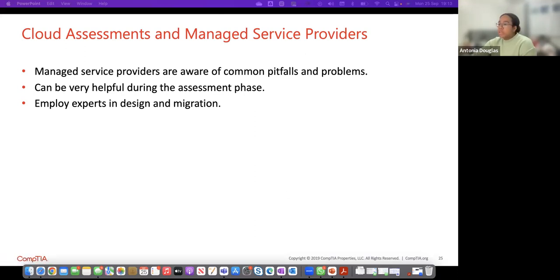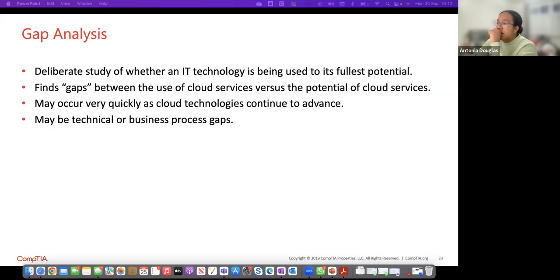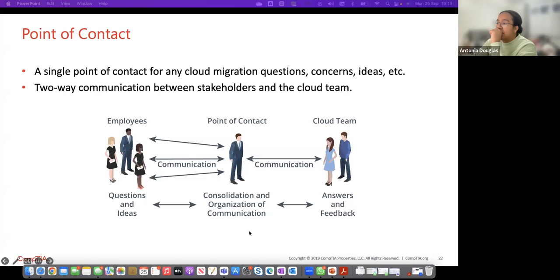Interesting. So I just had a question in the chat. So let me go back. Not necessarily. I don't have an example of the point of contact, but I would imagine here it would be the likes of maybe a program manager.